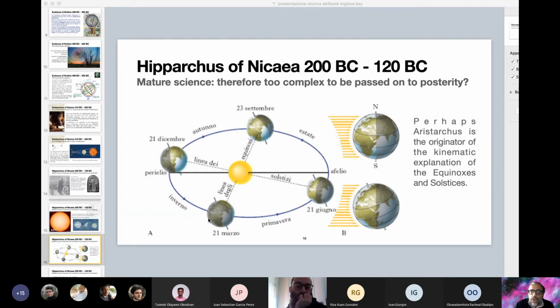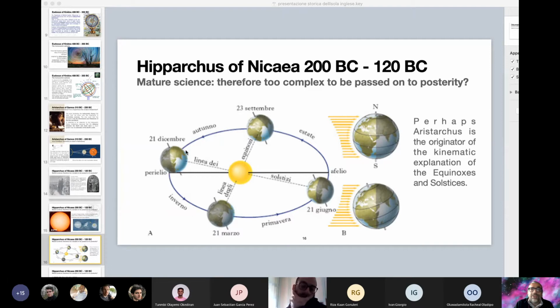In this plane, you have this axis. So what happens? Exactly one half of the Earth is in the light and the other half is in the darkness. And this is the line of equinoxes.